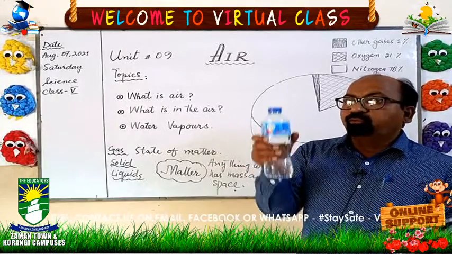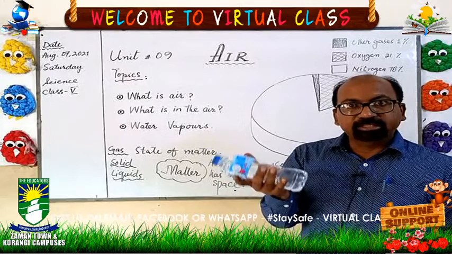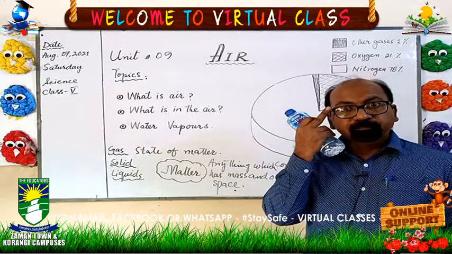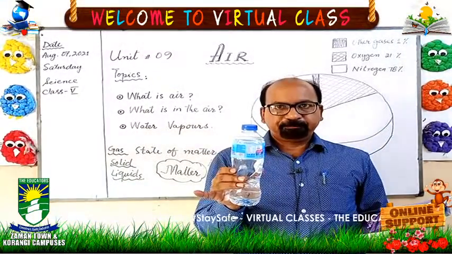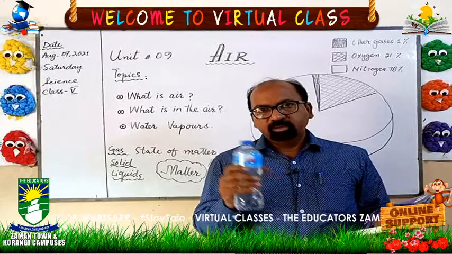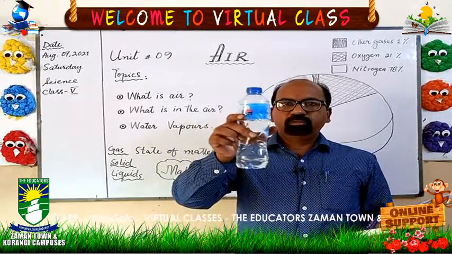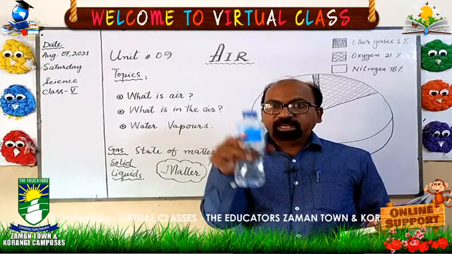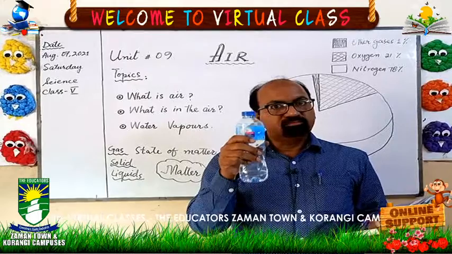When we pour water into the bottle, it gains weight. If we first calculate the weight of the empty bottle, that will be different. But when we pour water in it, now the weight is more.